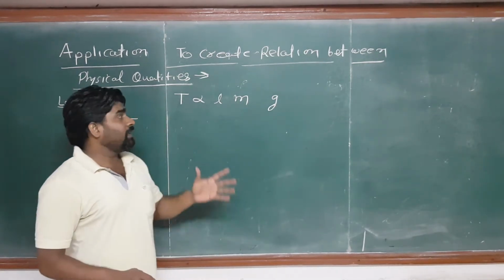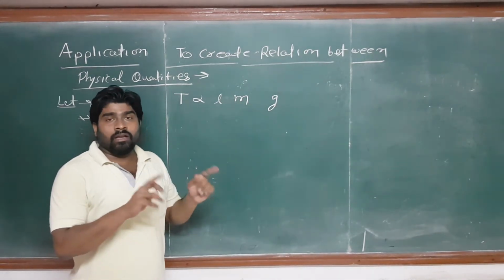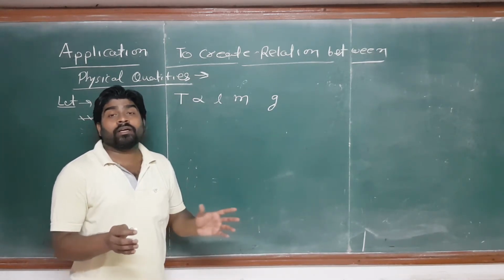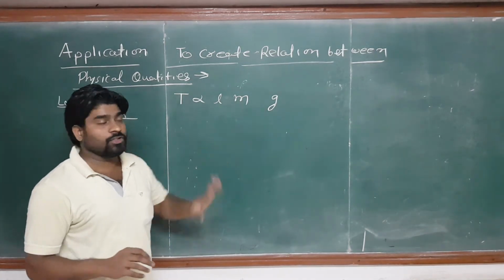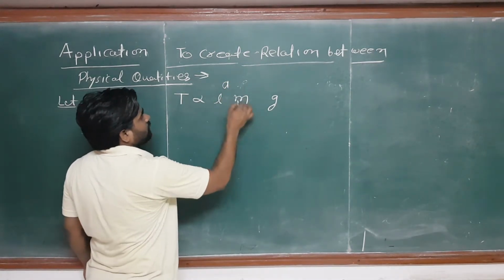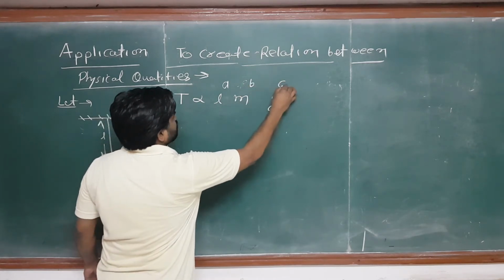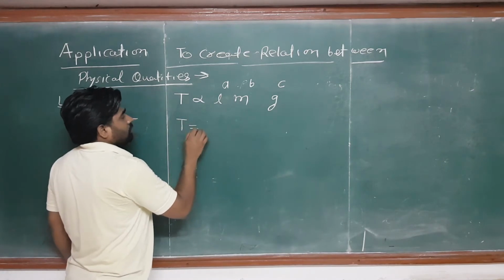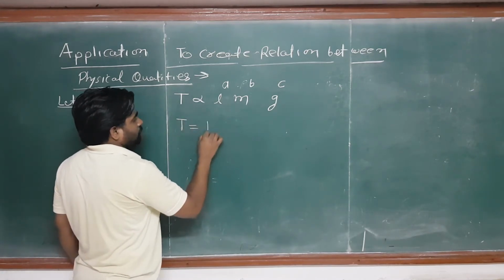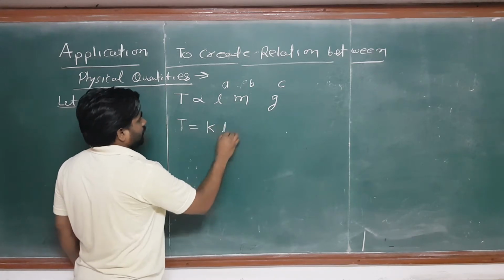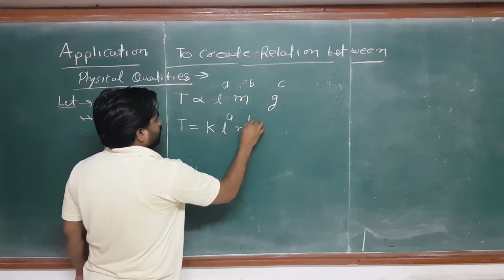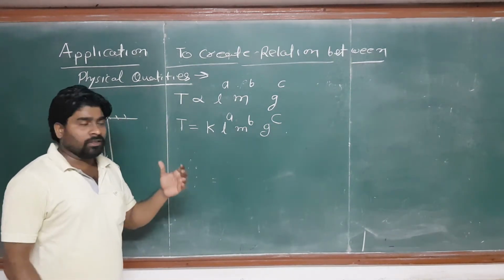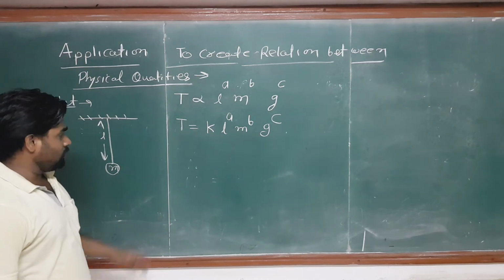But we don't know whether it depends on the length L to the power 1 or L to the power 2. So we don't know the powers of L, M and G. Suppose the power of L is A, of M is B and of G is C. If we remove the proportional sign, we have to write a constant K: T equals K L to the power A, M to the power B and G to the power C. This is called the oscillation constant.